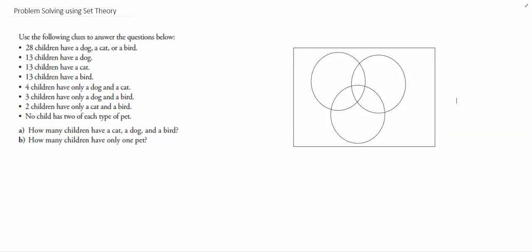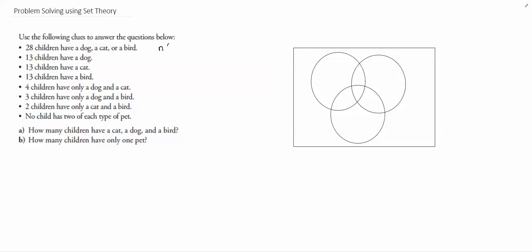Okay, I found my image with the 3 intersecting sets. So we have 24 children have a dog, a cat, or a bird. So that means my universal set has a number of 28.